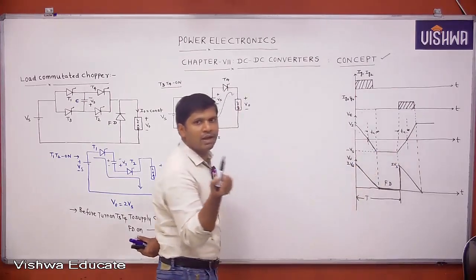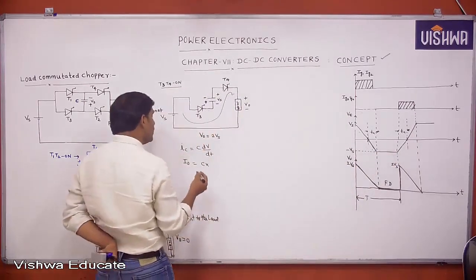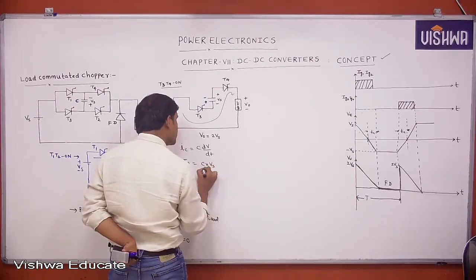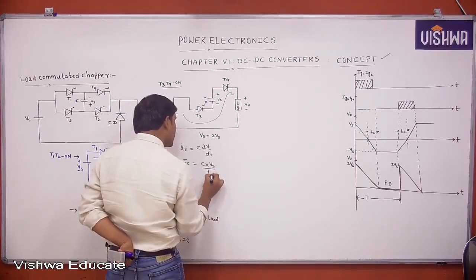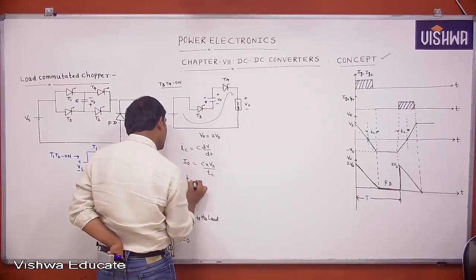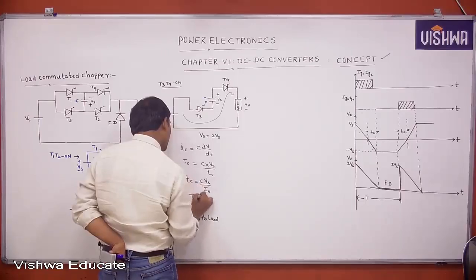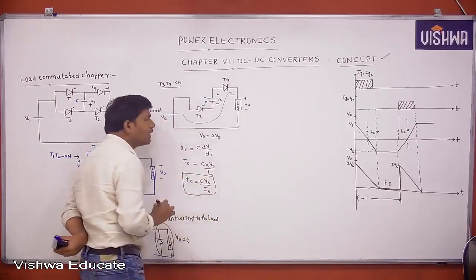We calculate circuit turn-off time with respect to one device only. The change in voltage is Vs, so TC equals C Vs by I0. This is the circuit turn-off time of the load commutated chopper.